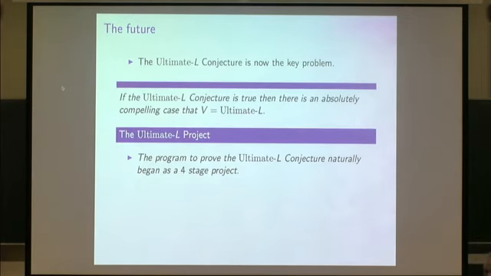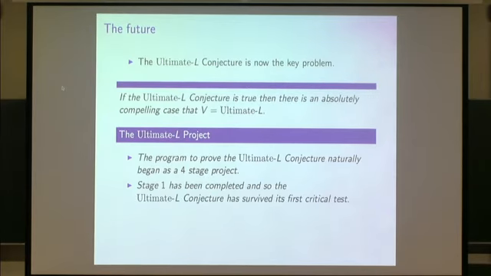So we have the ultimate L project. The program to prove the ultimate L conjecture naturally began as a 4-stage project. Stage 1 was completed about a year ago. And so arguably the ultimate L conjecture has survived its first critical test, because it could have been falsified there. That's why stage 1 was stage 1.